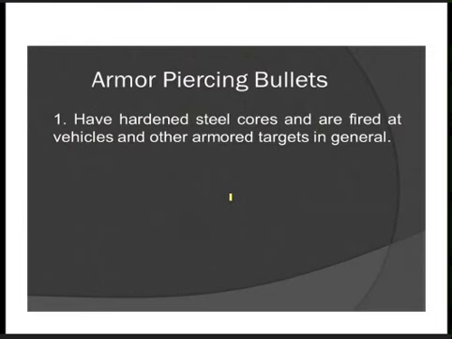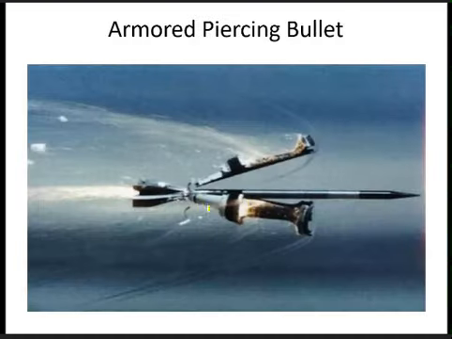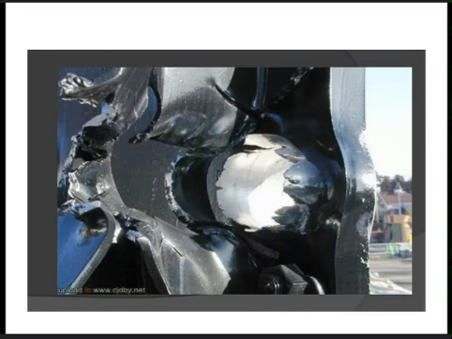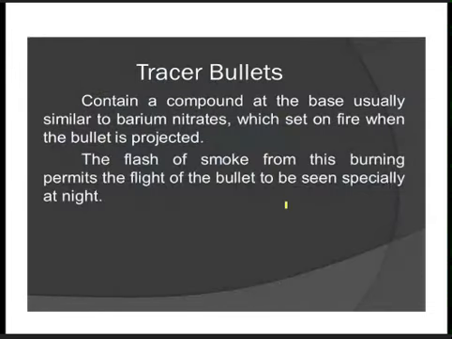And then of course we have armor piercing bullets rather. Okay, that is the description, that is how it looks like. Armor piercing bullets, meaning for piercing armor. And then of course we have the tracer bullets. The flash of the smoke from this burning permits the flight of the bullet to be seen, especially at night.